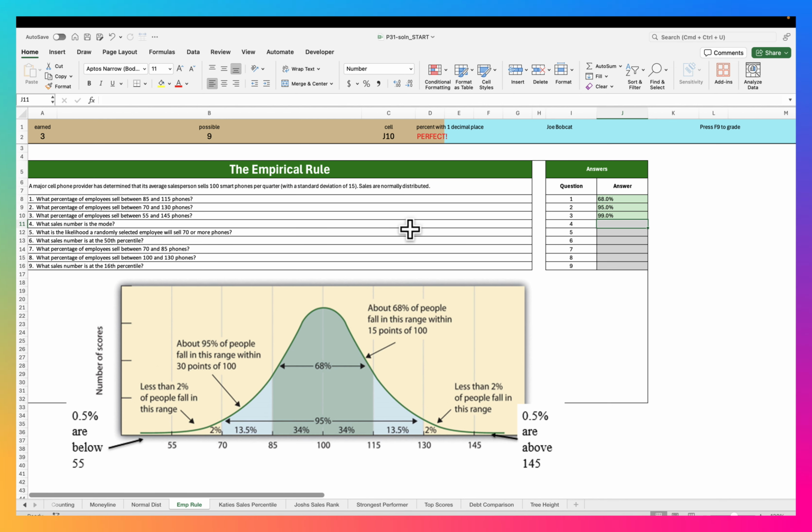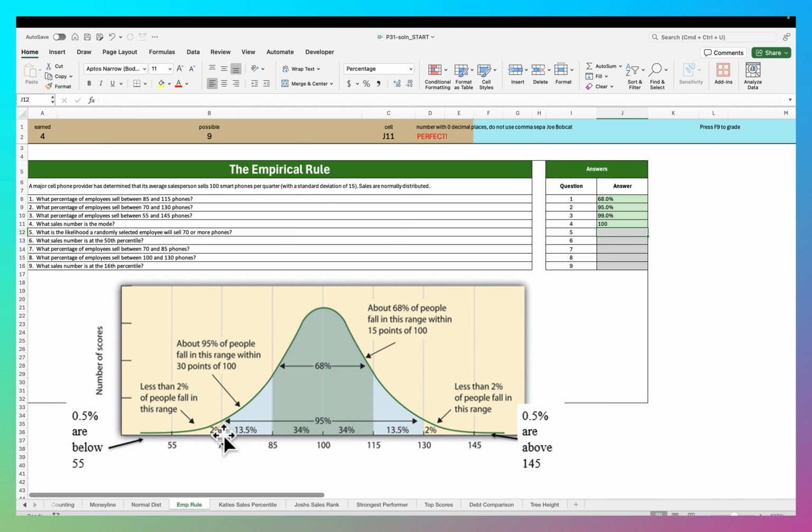And what number is the mode? The mean, median, and mode in a normal distribution are always the same, right in the middle, which is the mean value, so that's 100. What's the likelihood a randomly selected employee will sell 70 or more? So what's the likelihood you'll be here or more? Well, that's kind of hard to figure out because you have to add all these up.